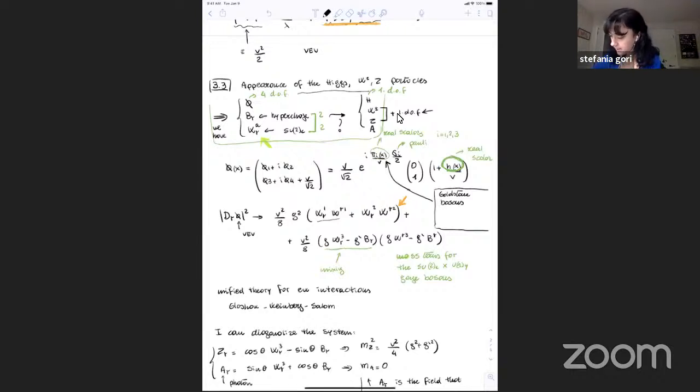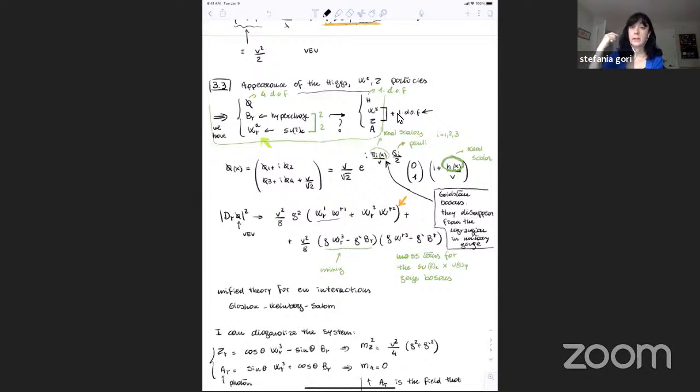I don't have much space, but these bosons have the nice property that they disappear from the Lagrangian in a particular gauge that is called unitary gauge.